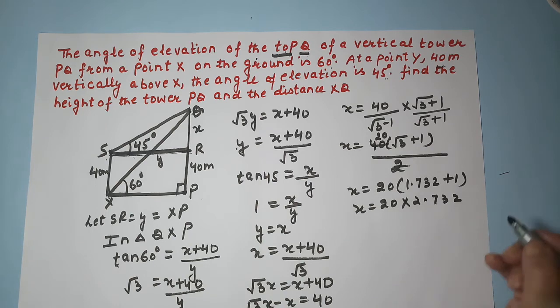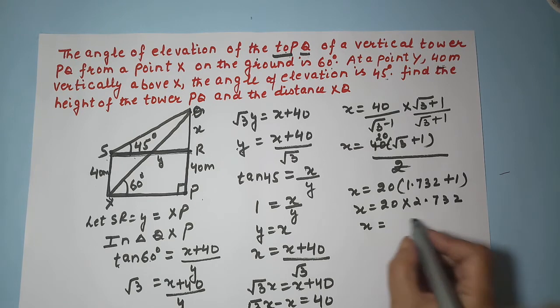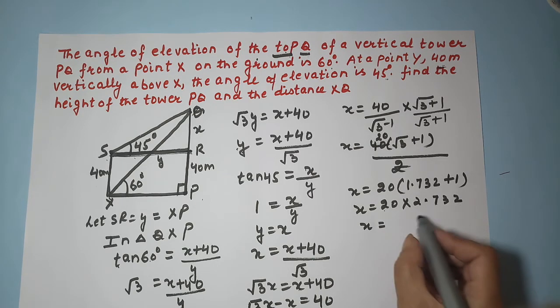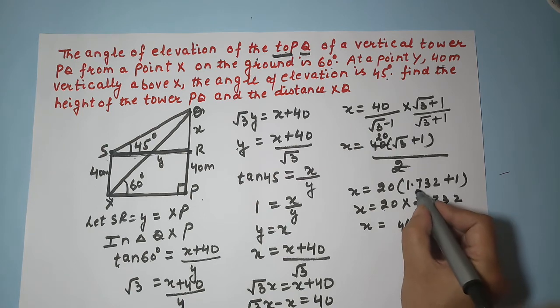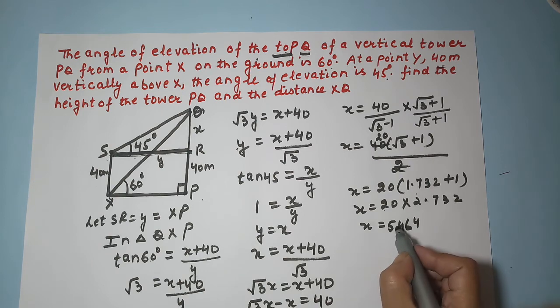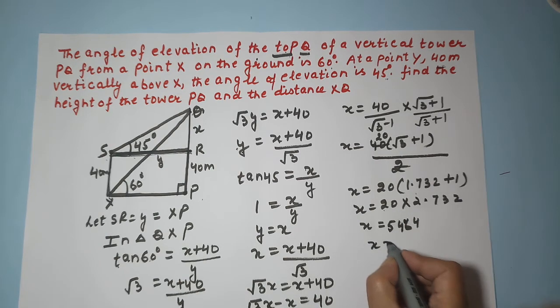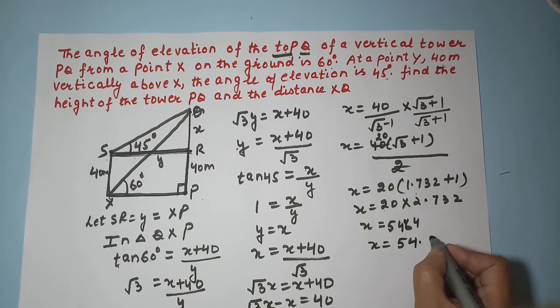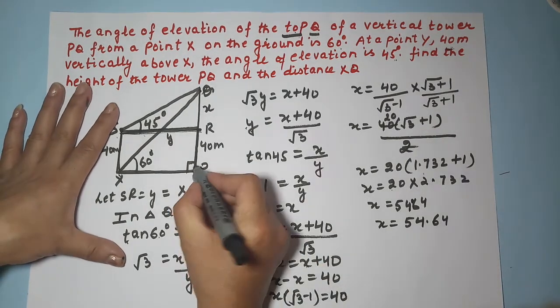Right? So X will be, let me multiply: 2 2s are 4, 2 3s are 6, 2 7s are 14, 1 carry, 2 2s are 4 and 1 is 5, and that will be one more 0 with this, so it will be 54.64. Now I have to calculate the distance PQ.